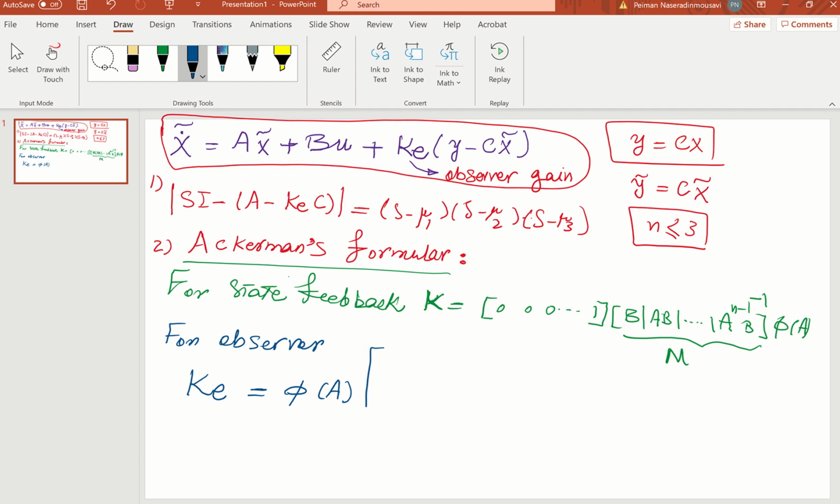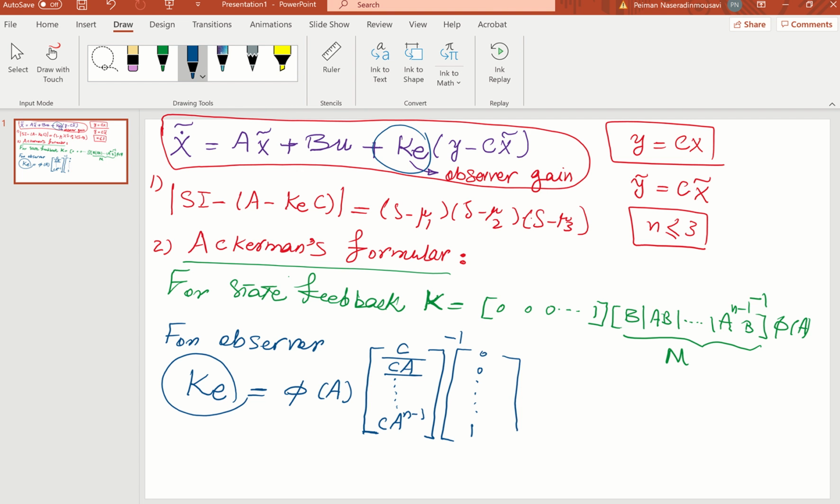We are reversing everything because we are dealing with the observer, so we have to talk about the observability matrix: C, CA, up to CA^(n-1), its inverse, times the vector [0, 0, 0, 1]. Then Ke equals phi of A times that. And what is phi of A?